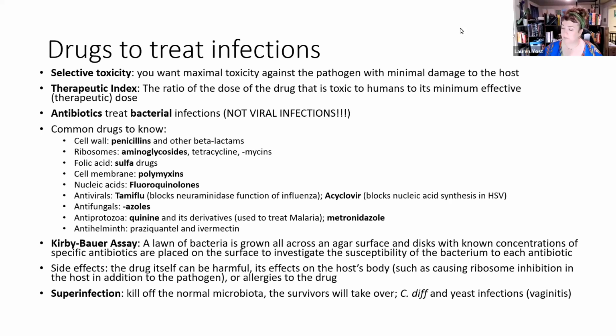And then yeast, which is normal in your biome and not a bad thing, can overgrow and take over where it shouldn't have been growing that much. That's where yeast infections come from. We get the irritation and vaginitis associated with that.